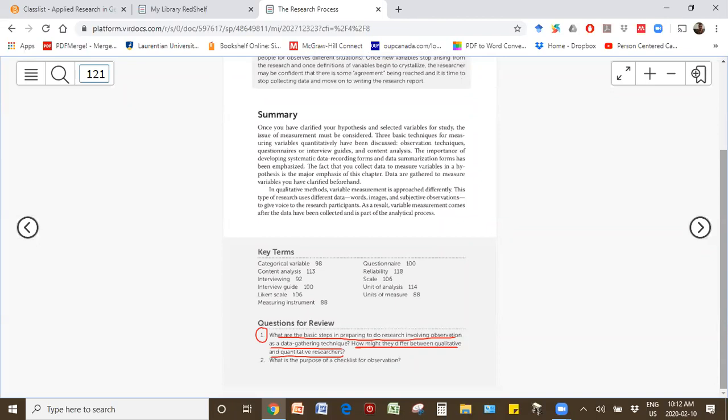What are the basic steps we need to do involving observation? If you're going to collect data using observation, what are the things you need to do? You need to organize what it is you're going to be looking for, your question, or what points you're looking for. Okay, so you need to have a research question. Right. You need to define what you're looking for.